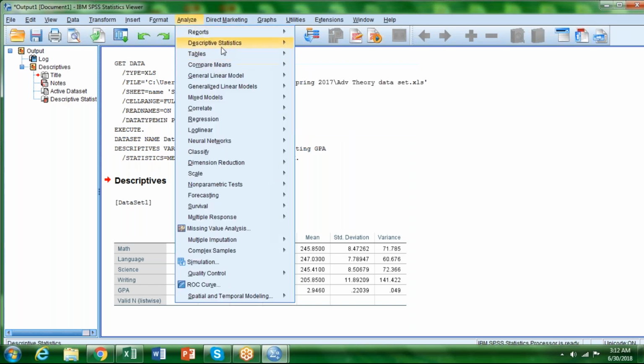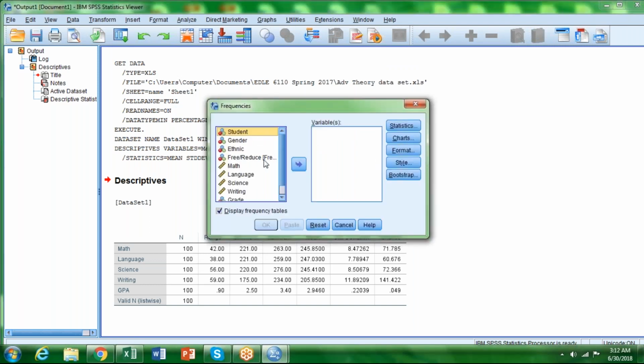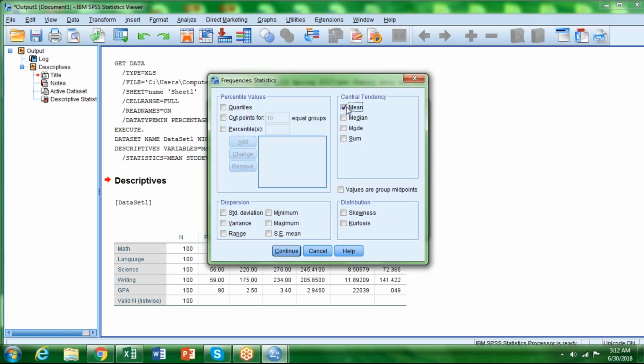So let's go to descriptives again. This time run frequencies. We're still just going to run the content area variables, writing, and GPA. Let's look at statistics. We'll do the mean, the median, the mode, and we'll do standard deviation, variance, and range. We'll also do minimum and maximum, and that's what we want to look at.